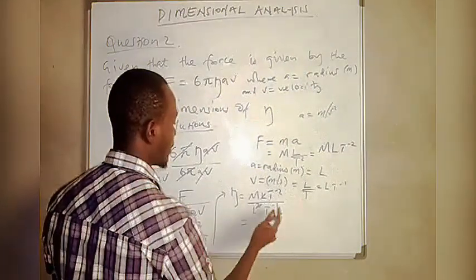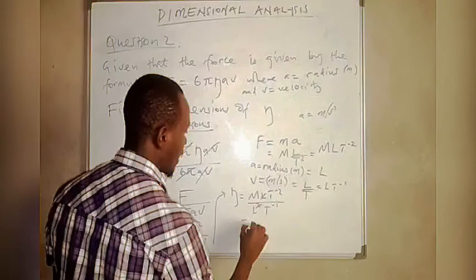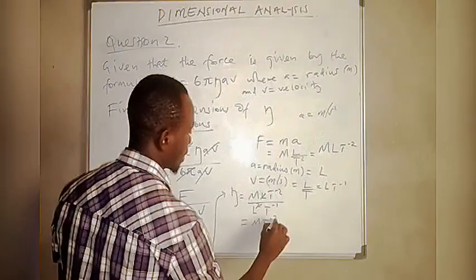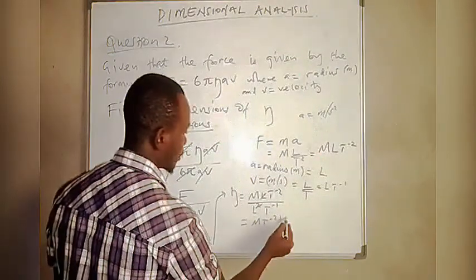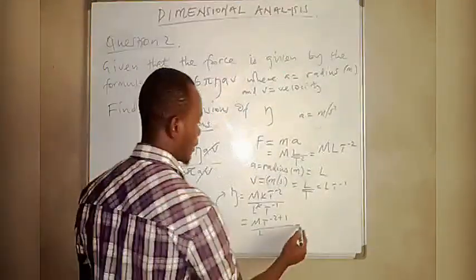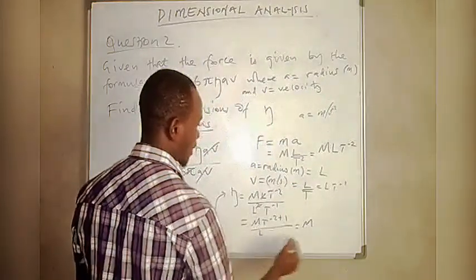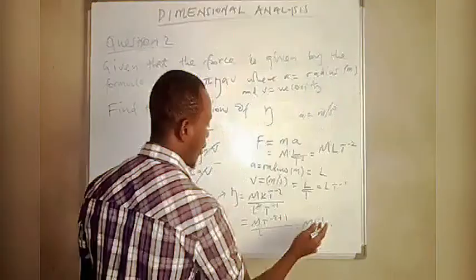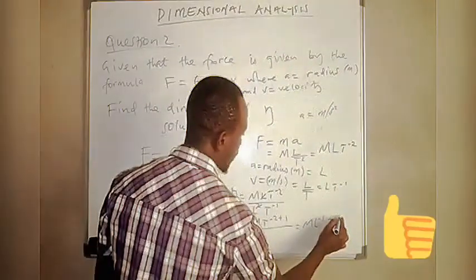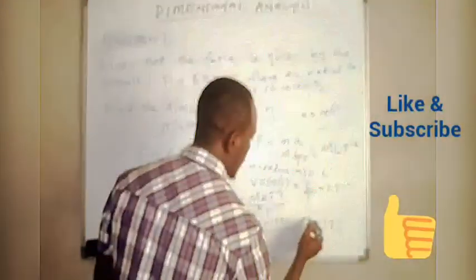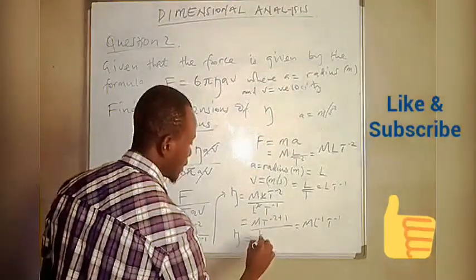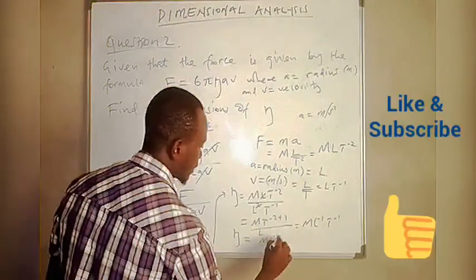Then when the T to the power -1 comes up, it becomes positive, so we have M, T to the power -2 plus 1, then L, and when this comes up it bears a power of -1. So -2 plus 1 gives us -1. So these are the dimensions of viscosity: M L to the power -1 T to the power -1.